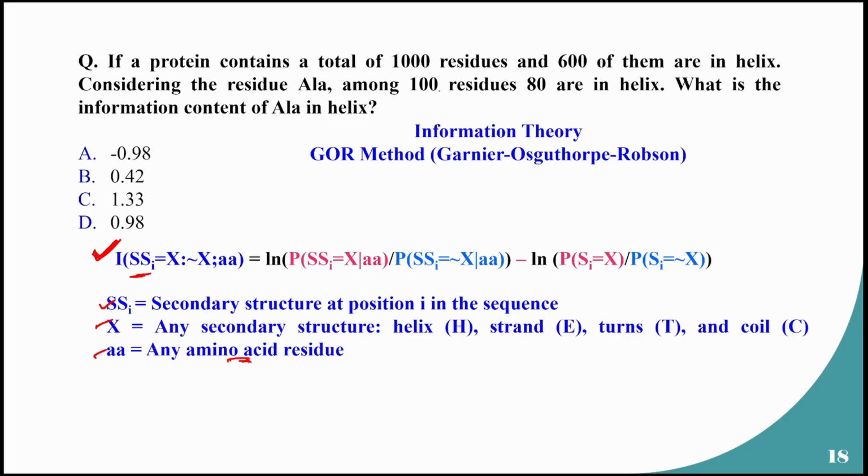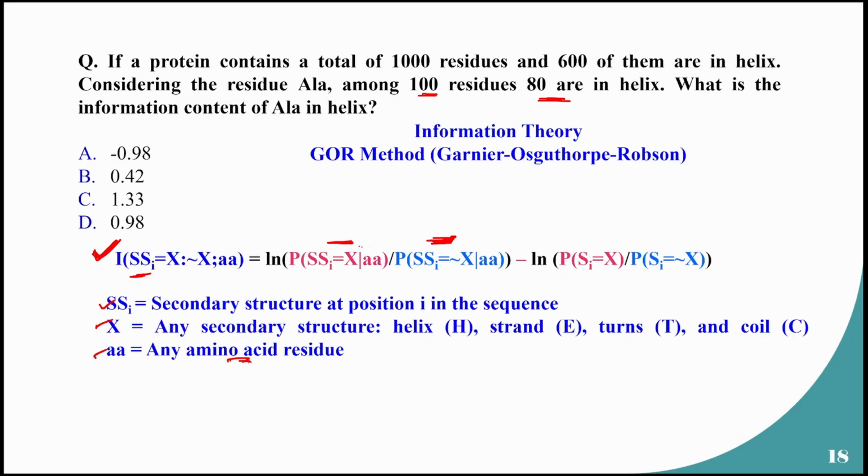So here you are saying that out of 100 alanine residues, 80 of them are in helix. You have to find out how many among all of the alanines that are present are in helix and how many of them are not in helix.